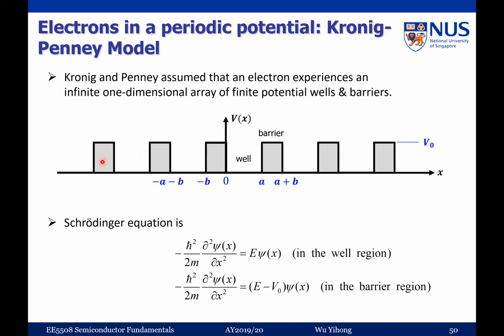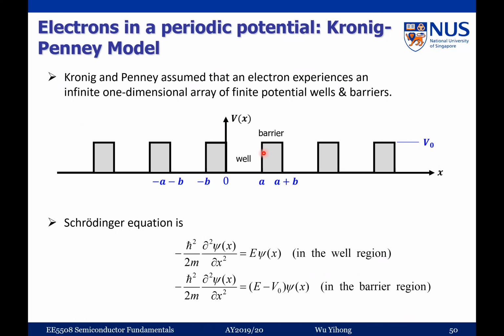A one-dimensional periodic electric potential in real space. The potential has a barrier height of V0, and between each barrier you have a region called a well. This width is A, and the barrier itself has a width of B.